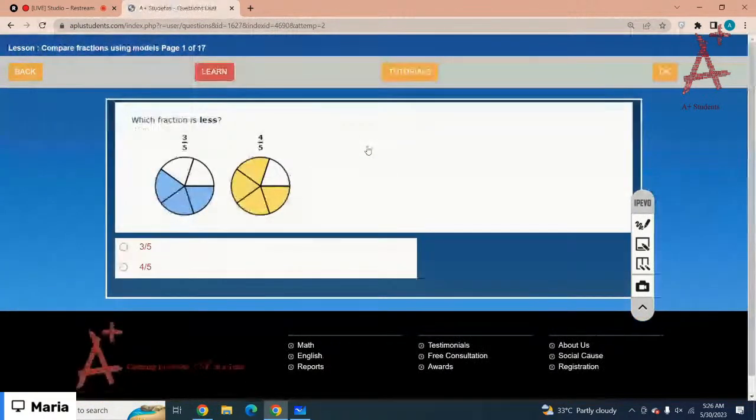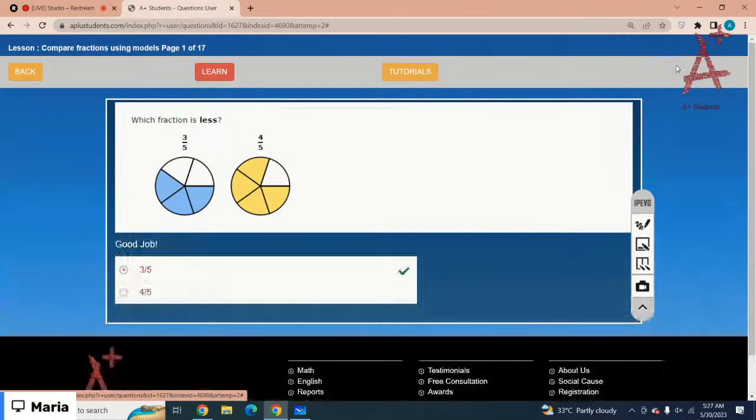Okay, which fraction is less? 3 over 5, 4 over 5. Which is less? Which is the correct option? Yes, the one that is less colored is the smaller one, so it would be 3 over 5.